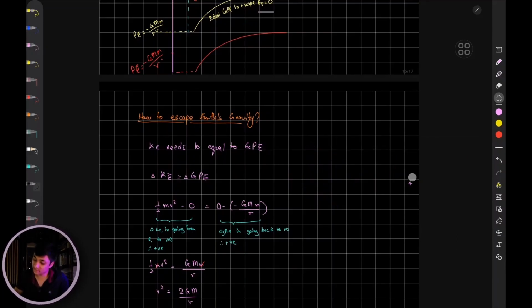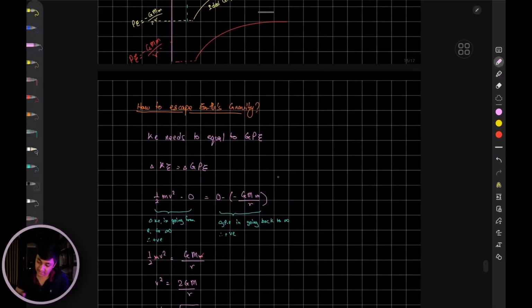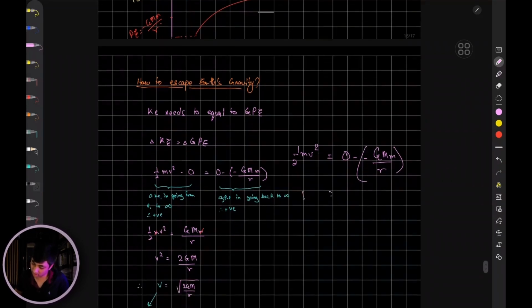Therefore, the change in gravitational potential energy that the object goes through in going from near the Earth's surface to infinity needs to be equal to its kinetic energy. Your change in kinetic energy is half mv squared, and your change in gravitational potential energy is 0, because at infinity it is 0, minus GMm by r, because near the Earth's surface it is minus GMm by r. So you get half mv squared equals GMm by r.